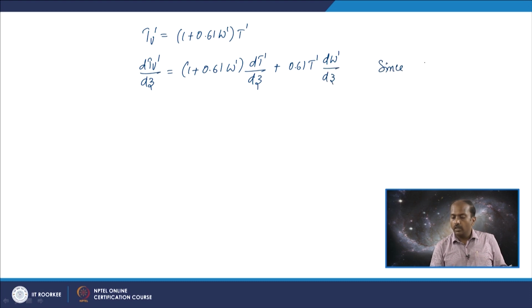Since W prime decreases with z, instead of a plus, we will write a minus.